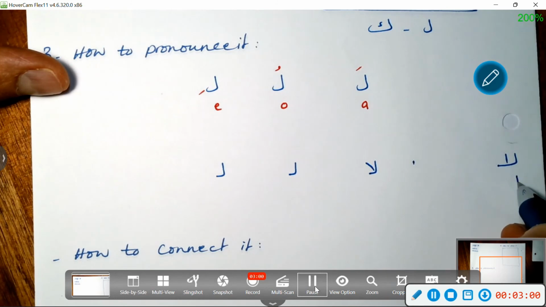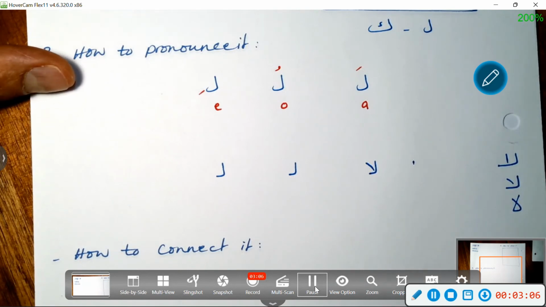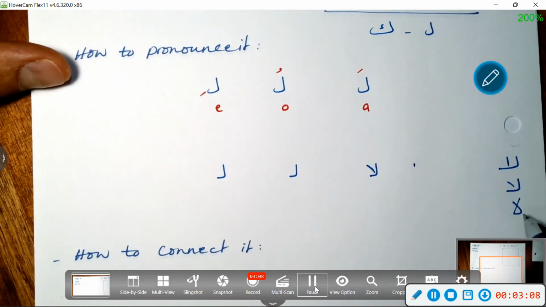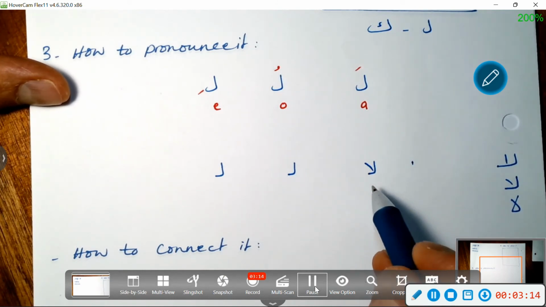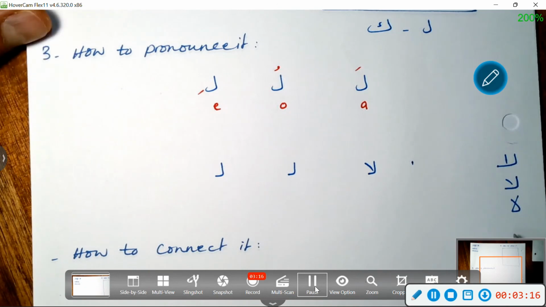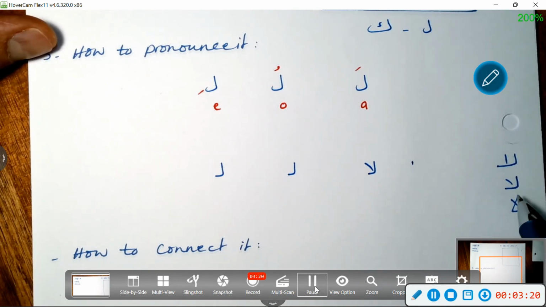We're going to talk about this later when we study the special combination of the letter lam with alif, which they call lam alif. So when they say lam alif, it means a special combination between these two letters.